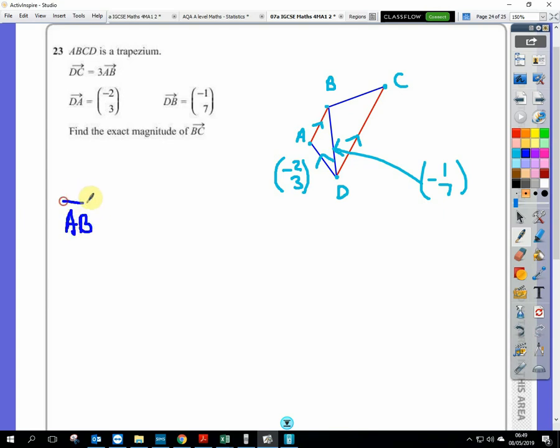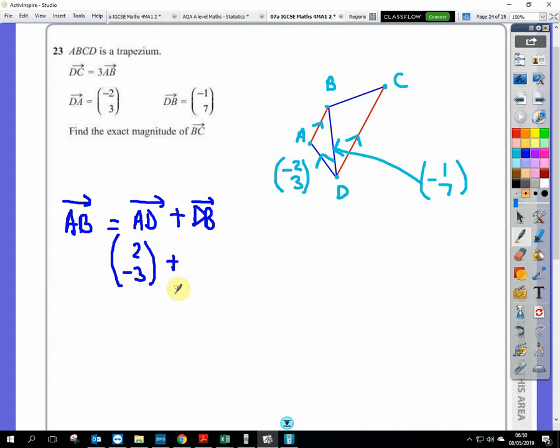So how do I get from A to B? Well, I can go from A to D and then go from D to B. A to D is in the opposite direction of this vector. So instead of minus 2, 3, it's 2, minus 3.